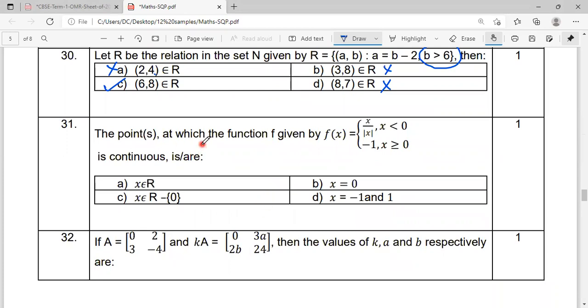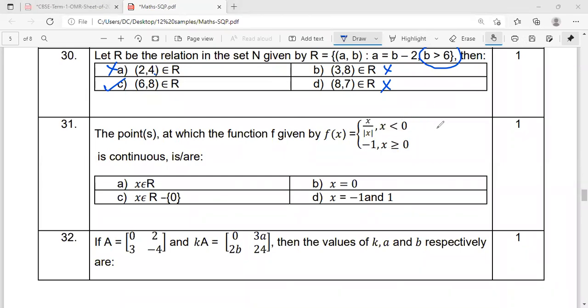Next one. A point at which the function is continuous. Look, if I look at this function, this is a linear function f(x) and a mod function, both are continuous. So if some issue happens, it will happen at x equal to 0 because it is defined in 2 ways.